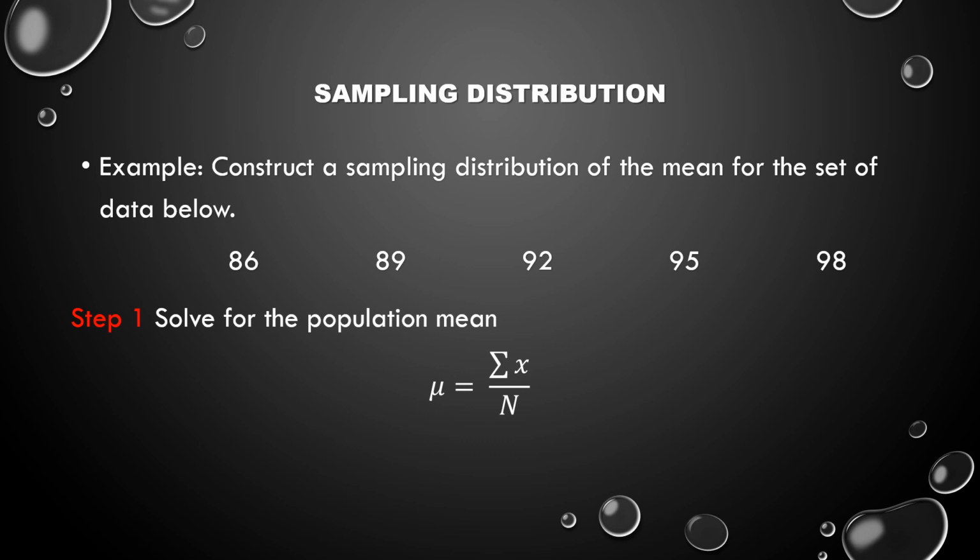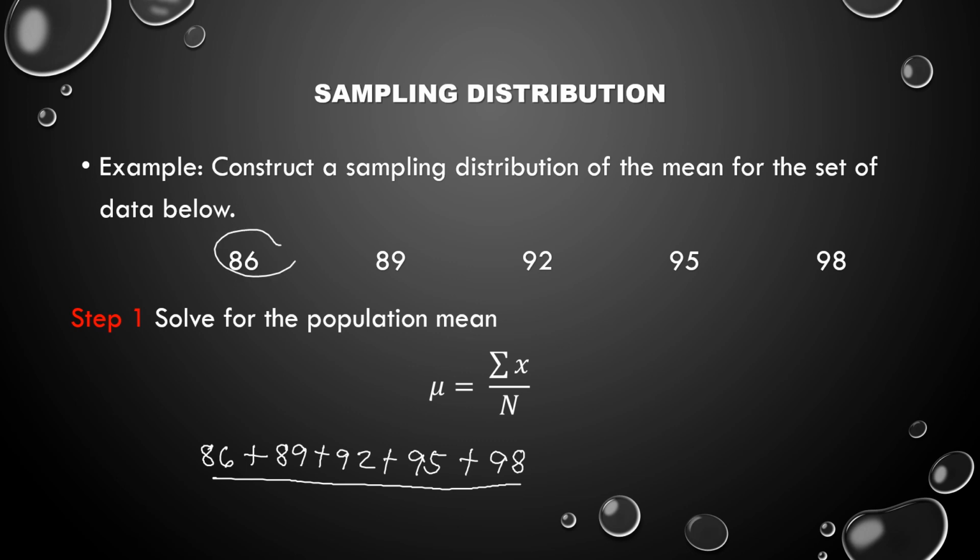So we have 86, and then we have 89. We're simply adding them because we have the summation. Adding 89, the next value is 92, the next is 95, and the next is 98. And we divide that by the number of values, or the population size.